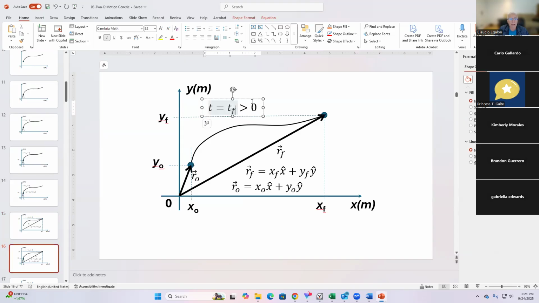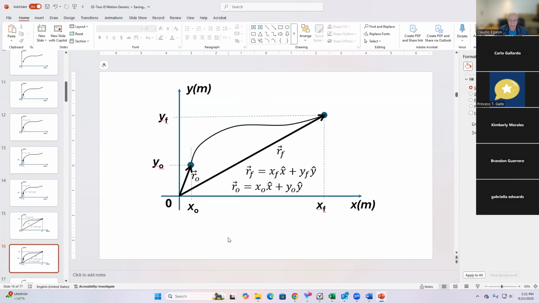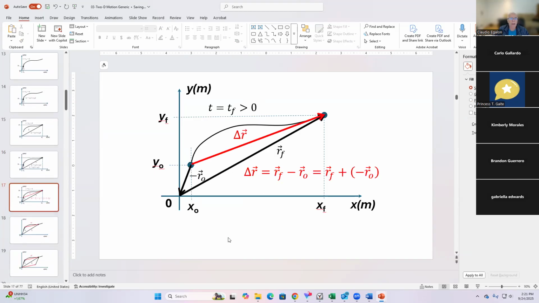I don't need that anymore. And I am illustrating as well the displacement vector, which is given in terms of the R final minus R naught vector. Notice that I changed the direction of the R naught vector right here.